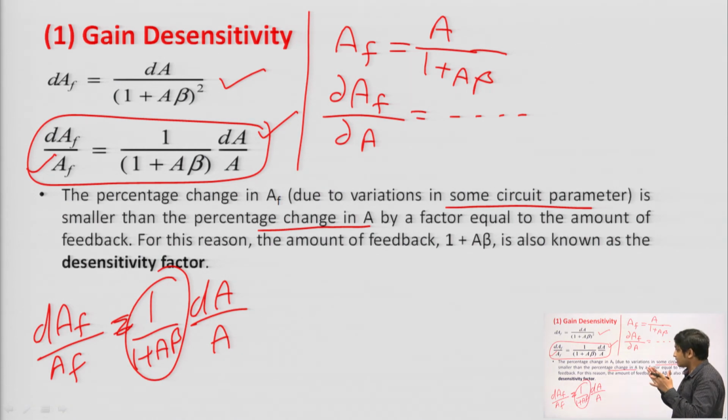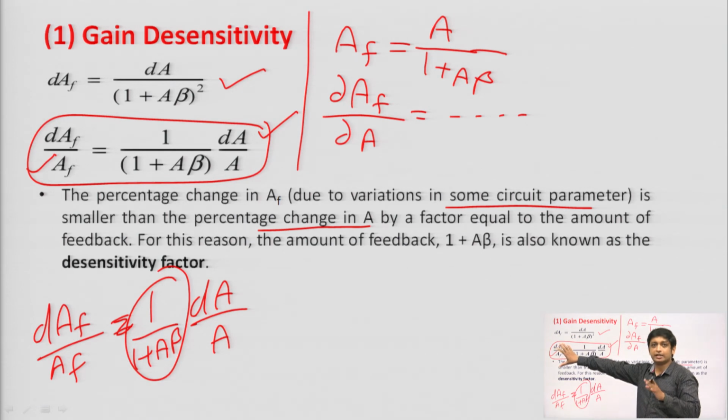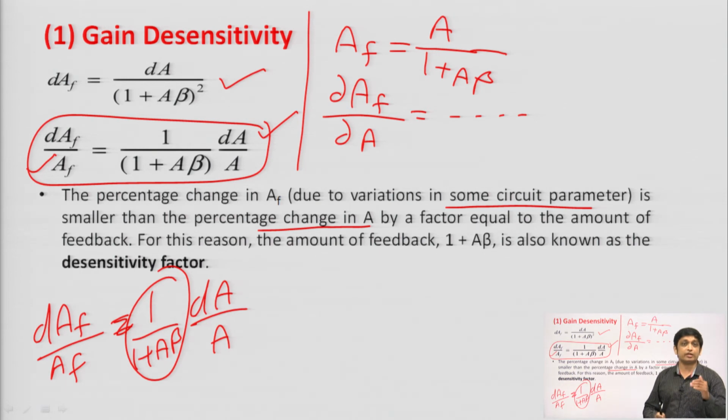Now, your variation in closed loop gain is lesser in comparison with open loop gain, fine. A is your open loop gain, that is gain without feedback, AF is your closed loop gain, that is gain with feedback. So, with the help of negative feedback, your variation in gain is lesser by the amount 1 plus A beta, that is a good thing.